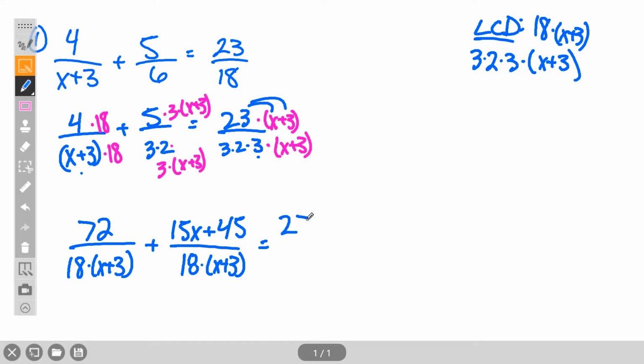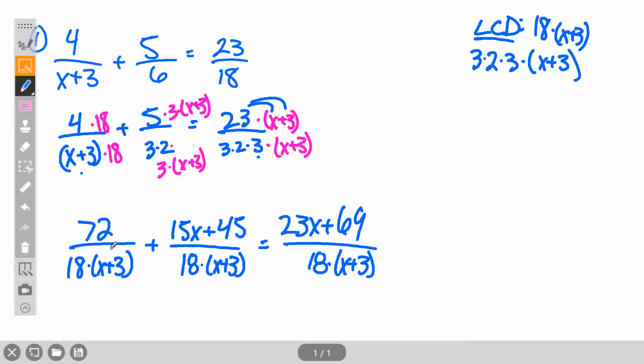This equals 23 times x plus 3, which gets distributed: 23x plus 23 times 3, which is 69, over 18 times x plus 3.